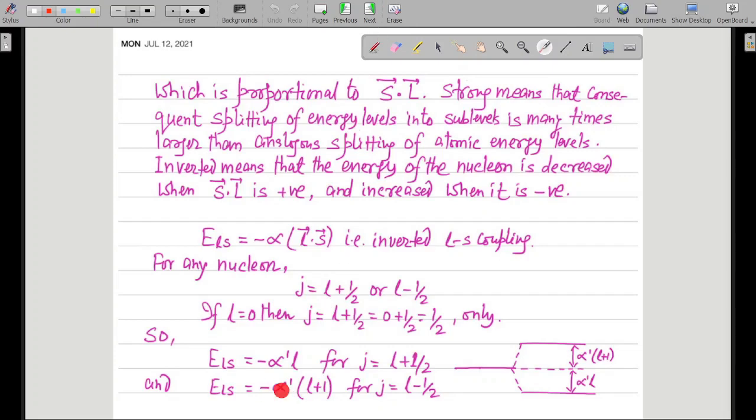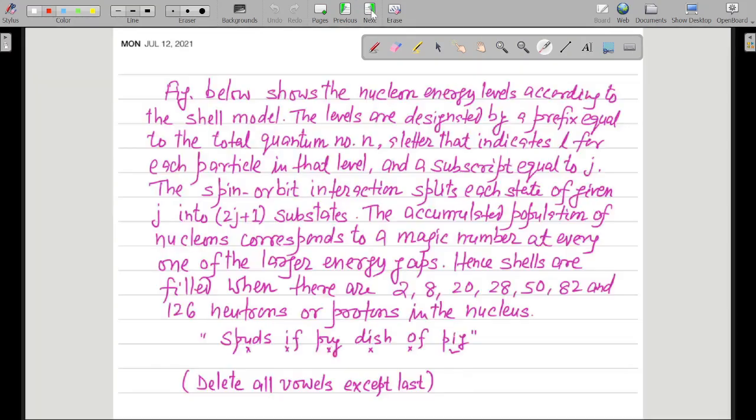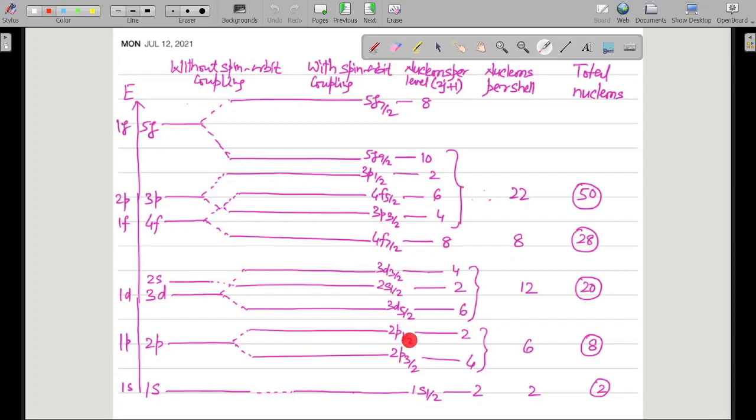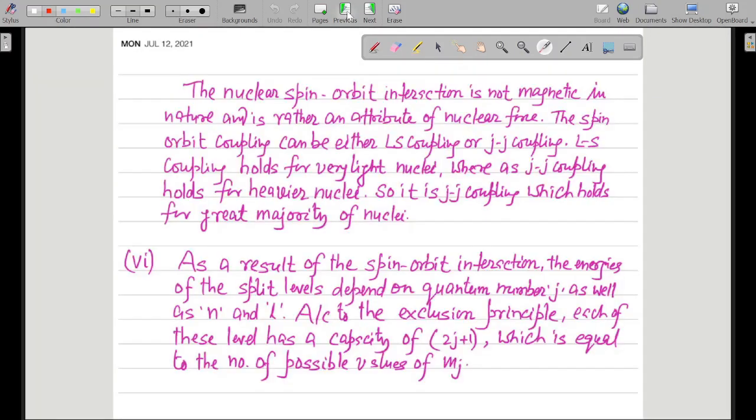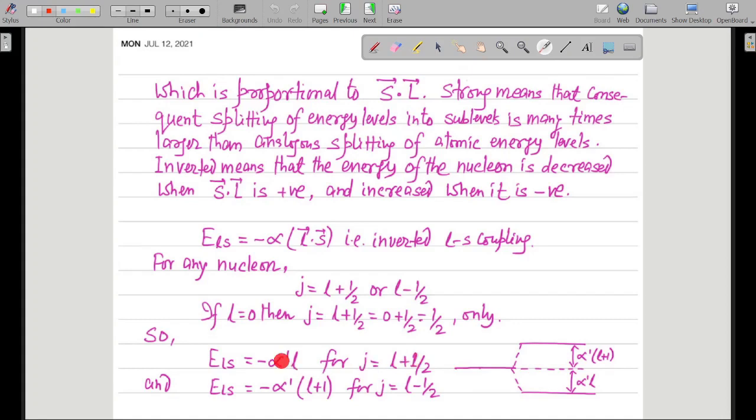Although it is a negative sign, lower value of J is higher over here. Lower value of J is at higher level, higher value of J is at lower level. Energy is increasing over here. So lower value of J is in the higher position, that is higher energy, and higher value of J is in the lower position. So higher value of J has lower energy and lower value of J has higher energy. It is also written over here, you can see it is also written over here.